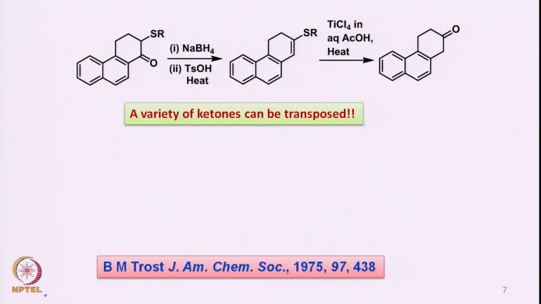Now Barry Trost also has reported an interesting way of doing this kind of 1,2 ketone transposition, where he took a ketone and introduced simply an SR group adjacent to the ketone at the alpha position without making the tosyl hydrazone.